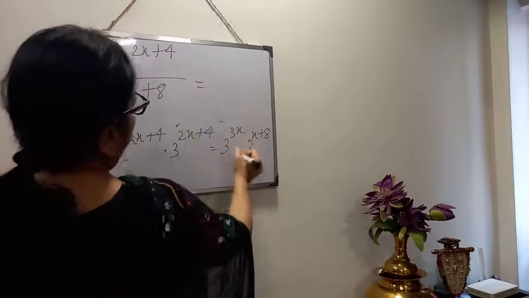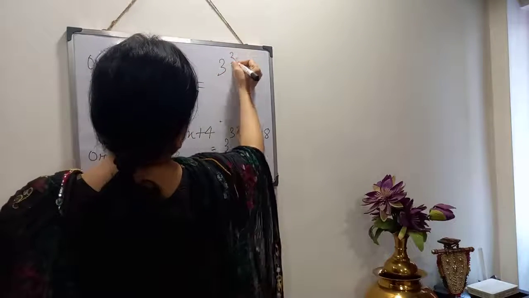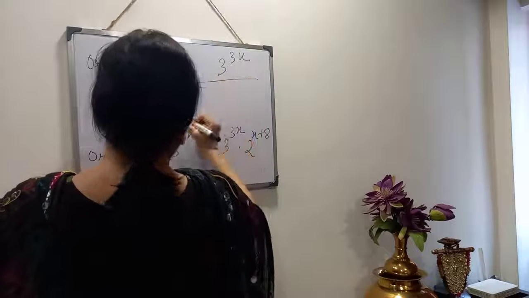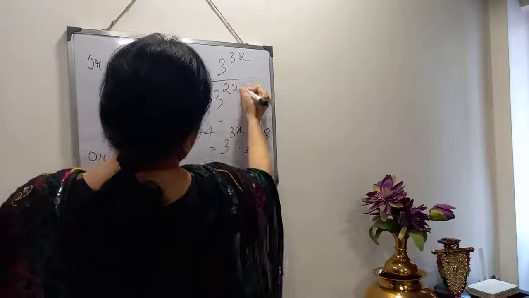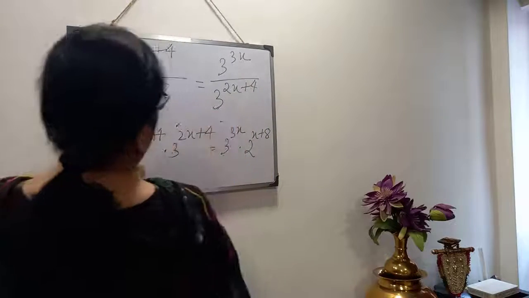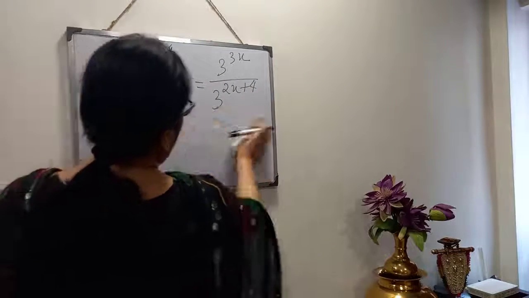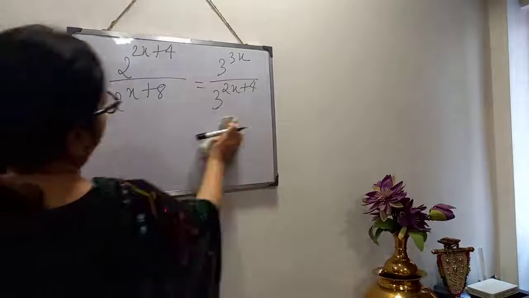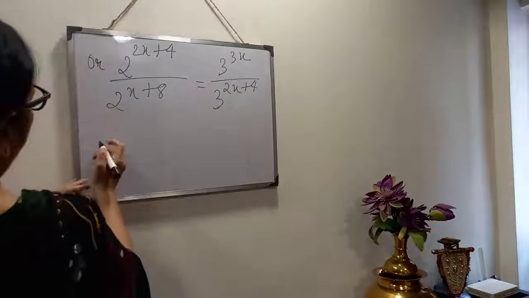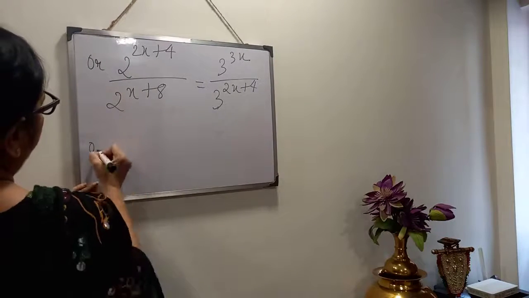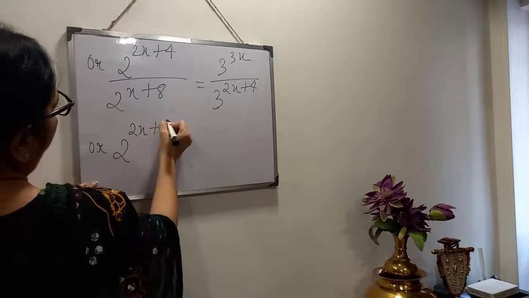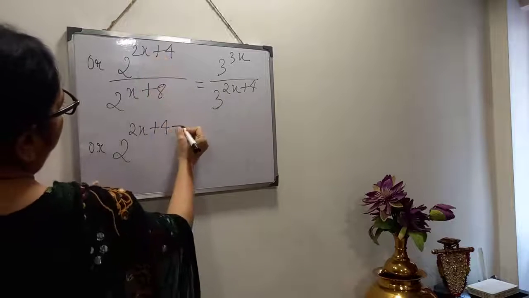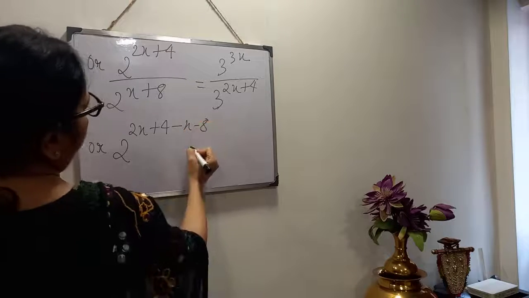And right hand side 3, it will also come in denominator. 3x plus 4. Clear? Then this is division, you know powers will be subtracted. So 2x plus 4, this by this, power will be subtracted.